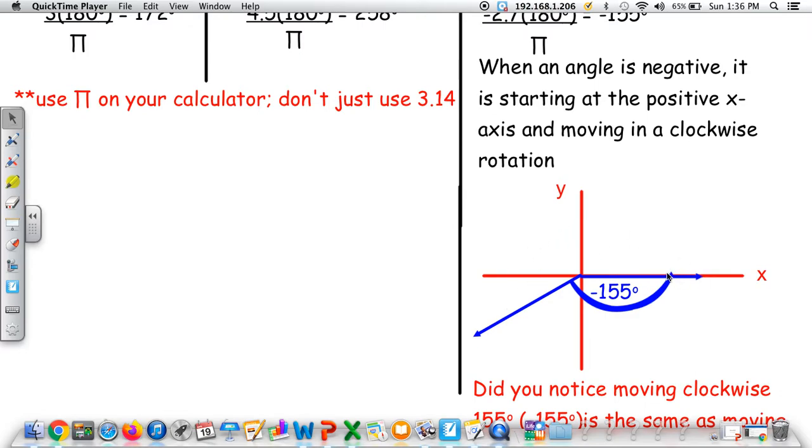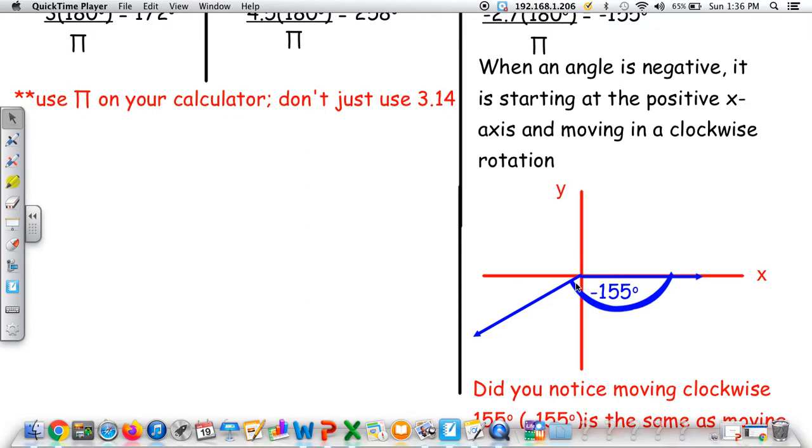Remember with your quadrants, here's quadrant 1, quadrant 2, quadrant 3, quadrant 4. When I go along the quadrants, this is said to be moving in a positive rotation. This is called standard position, when an angle starts with this initial side here. When I go clockwise this way, this is said to be a negative rotation.